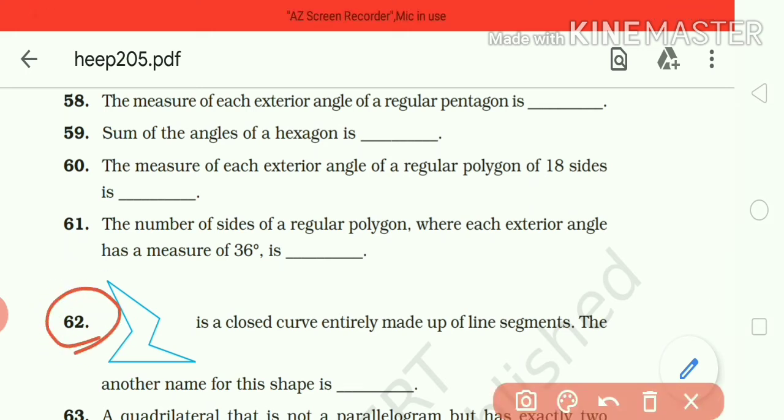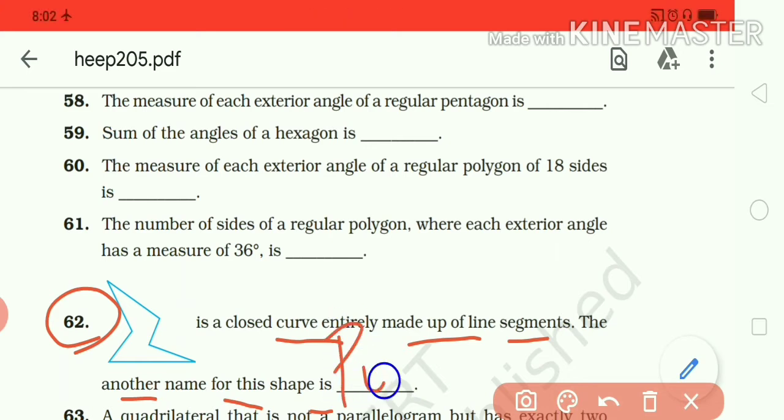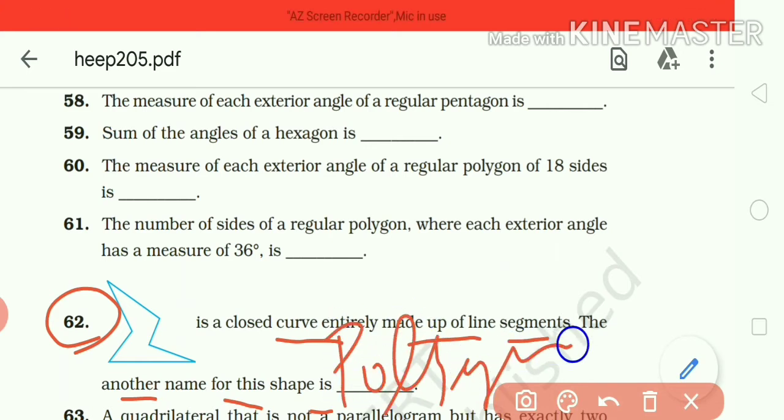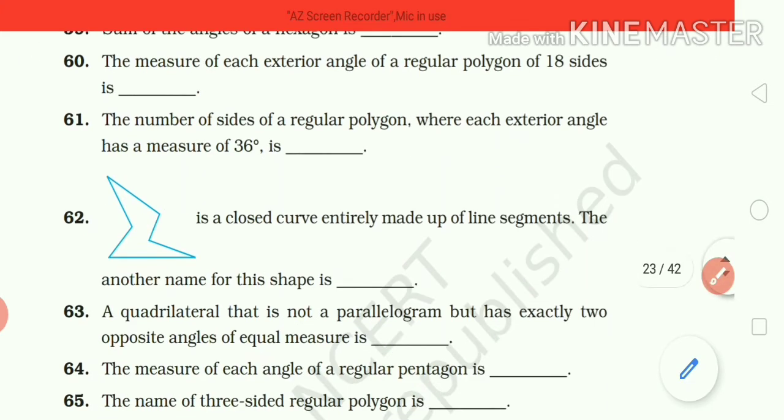Now come to question number 62. Dash is a closed curve entirely made up of line segments. The other name of this shape is? Okay, this is a closed figure made by straight lines only, so this is a polygon, right? And also you can count the sides of this polygon: 1 2 3 4 5 6. This is a hexagon, an irregular hexagon.